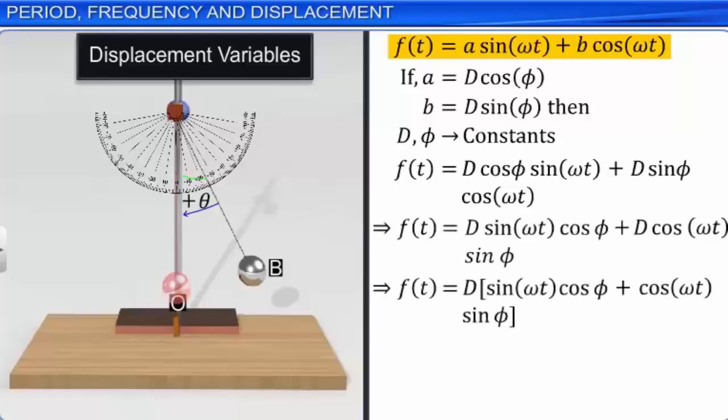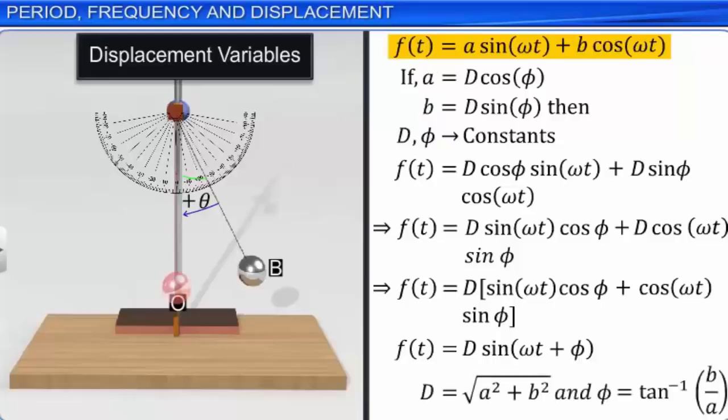We are aware of the constants a and b. Hence, we need to express the new assumed constants d and φ in terms of the known constants a and b. Using trigonometry again, we get the constant d is equal to the square root of a² + b², and the constant φ is equal to tan⁻¹(b/a).